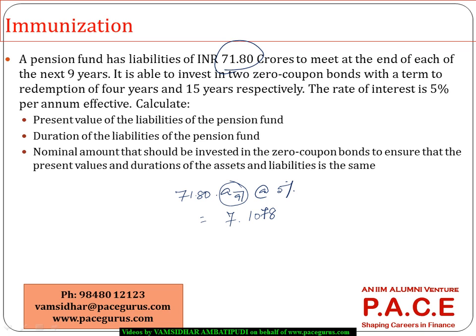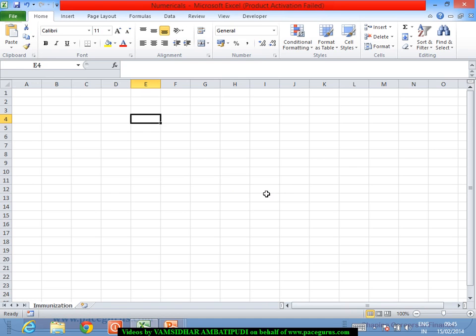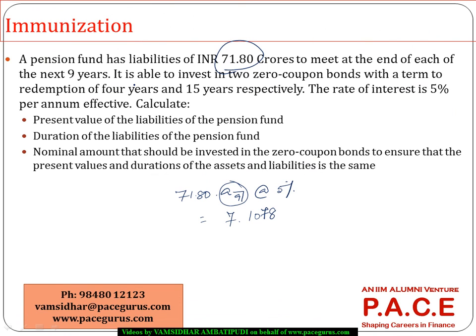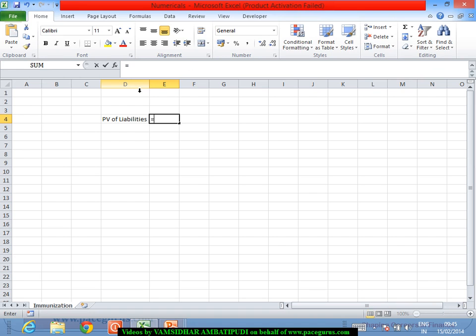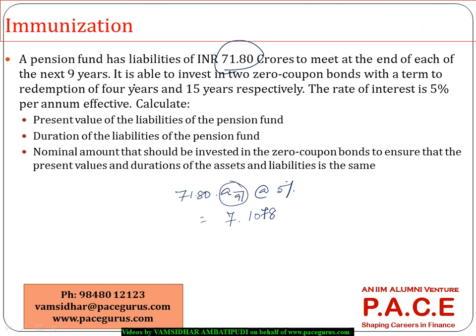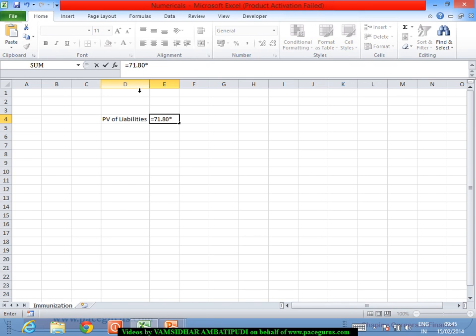So the present value of the liabilities in this case is going to be 71.8 multiplied by 7.1078.